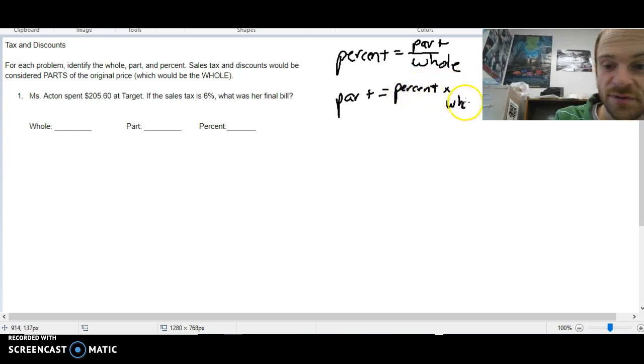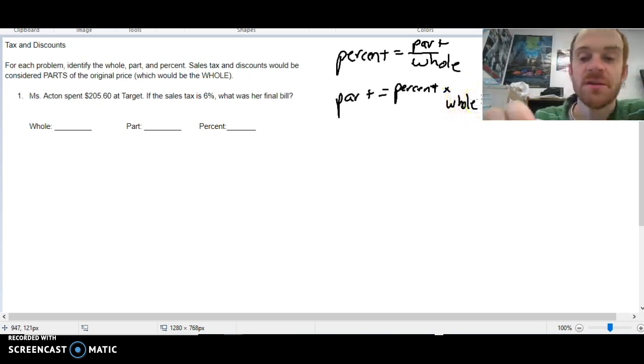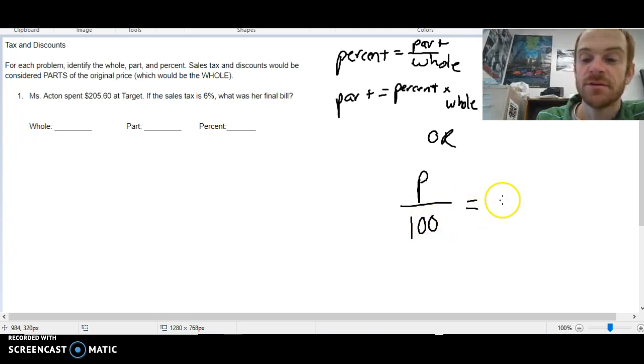And these are called the percent equations, and these are just things that we kind of need to remember. Those are the two main ones that we will use. Or we can think of it as a proportion, which we said my percentage is how much out of 100, and that's equal to part divided by whole. Now notice that's really saying the same thing as this first one here.